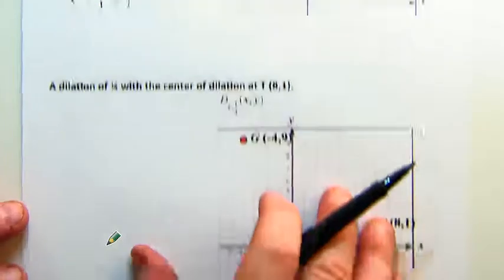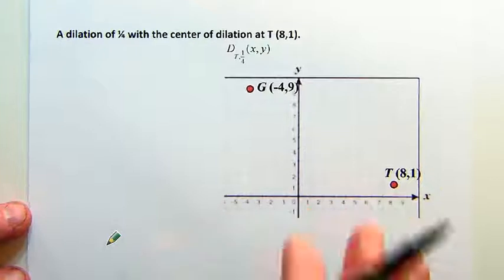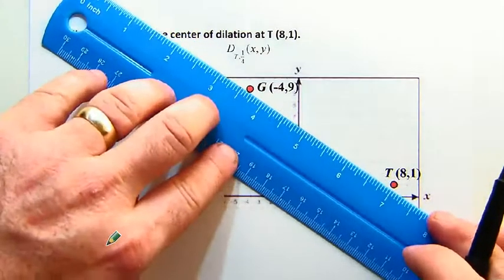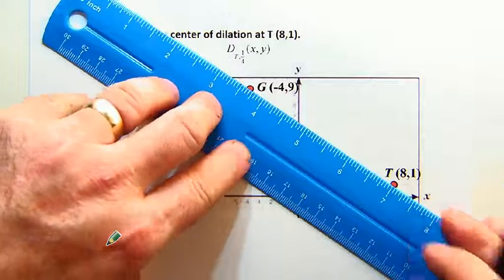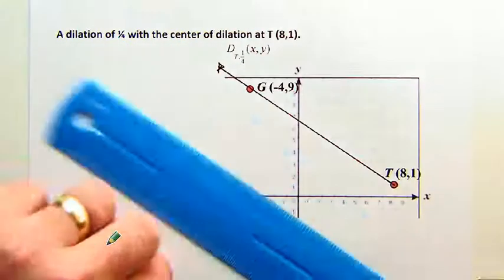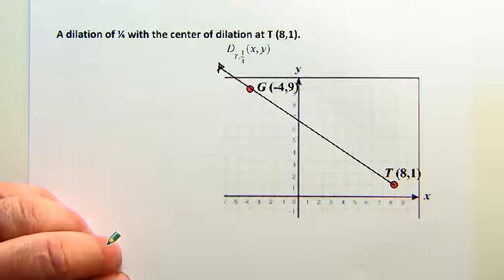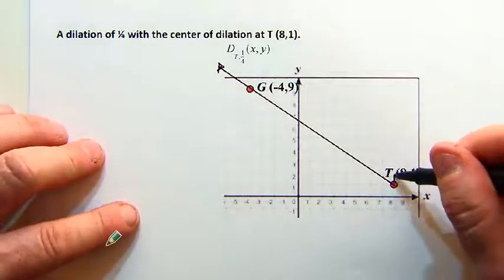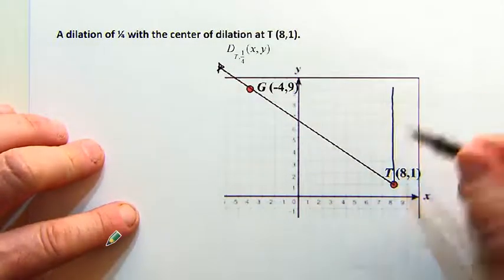Let's do it again. I know that this is kind of tricky, so keep an eye on it. Here we go again. I'm going to dilate starting at T, a dilation of 1/4 the value. Now, to do 1/4, let's first find our rise and our run. So let's see.